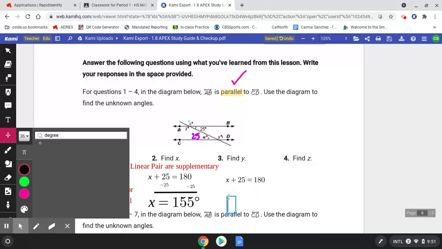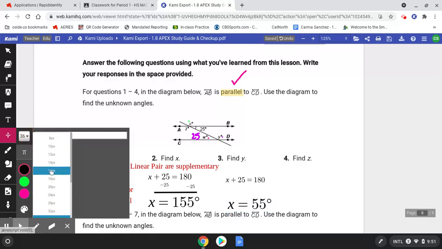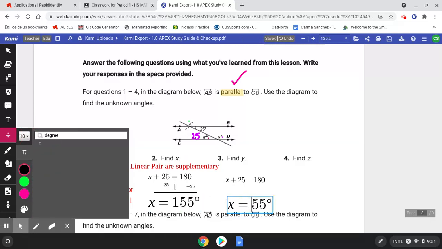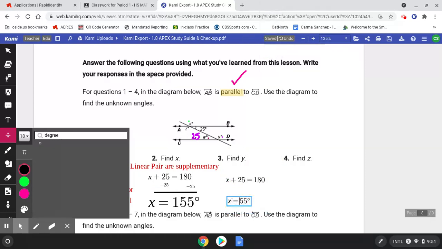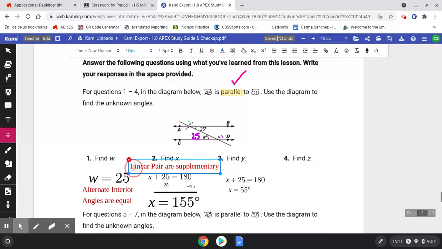And that X equals 155 again. And then our reason, just like before, is that a linear pair is supplementary.